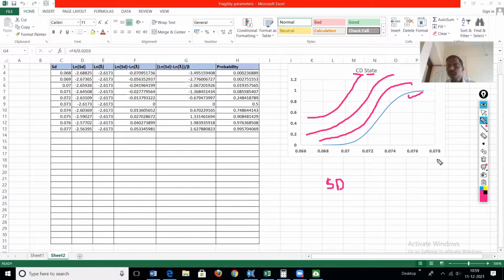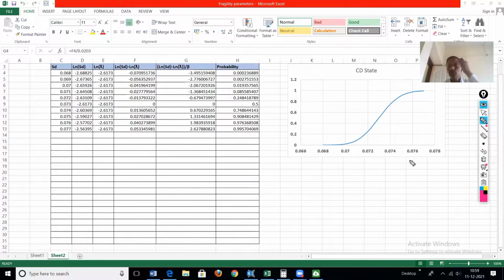That is one thing. Next, whatever this curve is, it is a log normal distribution. Its shape is S shape. To construct a fragility curve, there are 2 parameters, known as the seismic fragility curve parameters.